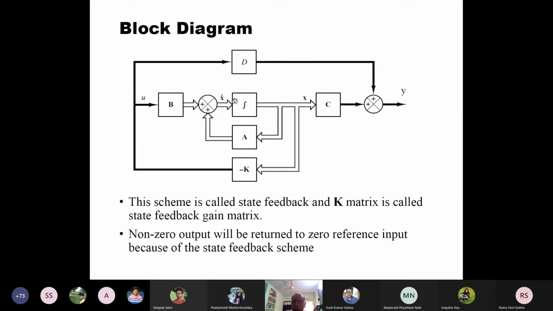And the output map is y is equal to cx plus du. So this is basically the output map, and this is the state equations.